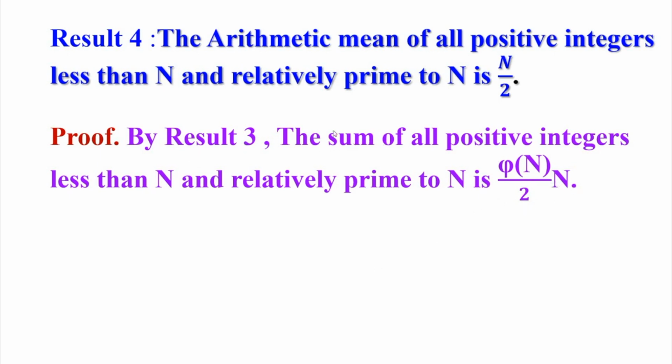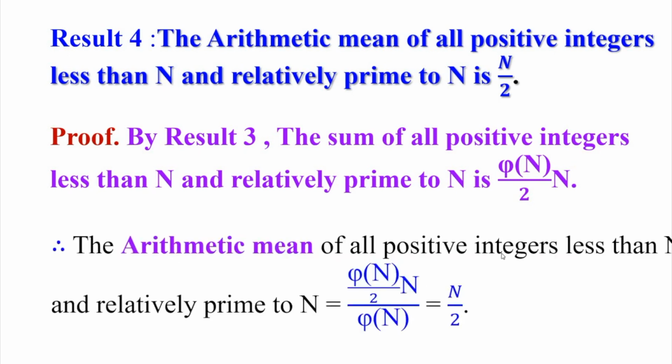And we want to find the arithmetic mean of them, and we know pretty well that there are phi of n such numbers, and therefore phi of n by 2 times n whole thing divided by phi of n. And cancelling this, we have n upon 2 to be the arithmetic mean of all positive integers less than n and relatively prime to n.